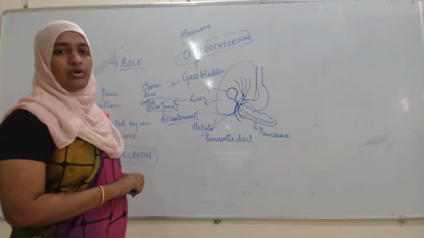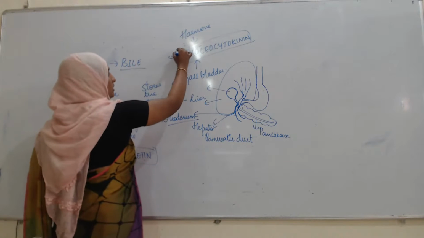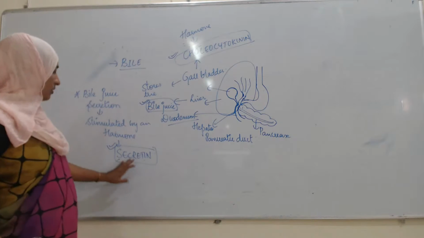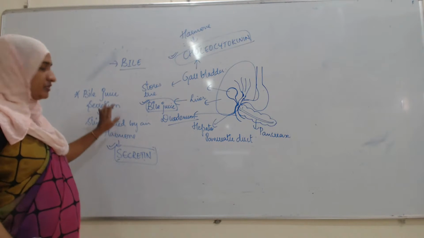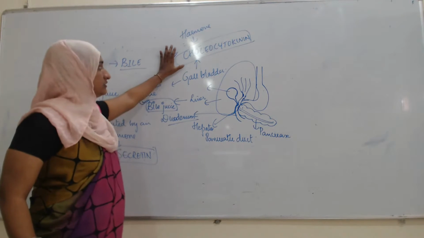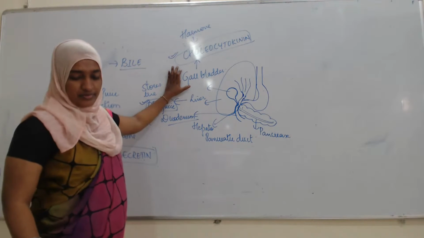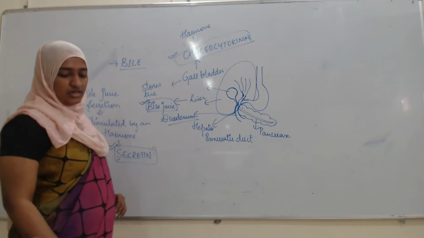Okay, so this is about the two hormones, that is secretin and one more, cholecystokinin. Secretin will stimulate the secretion of bile juice from the liver, and cholecystokinin is going to stimulate the secretion from the gallbladder.